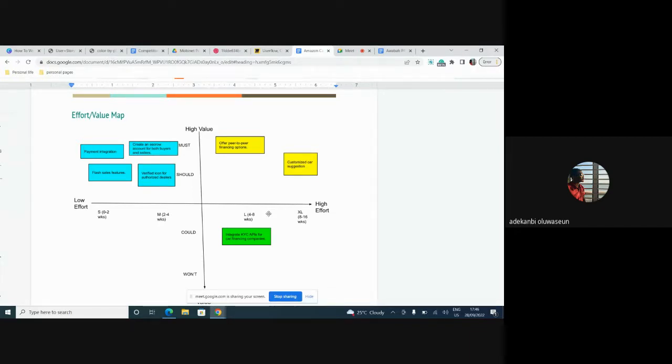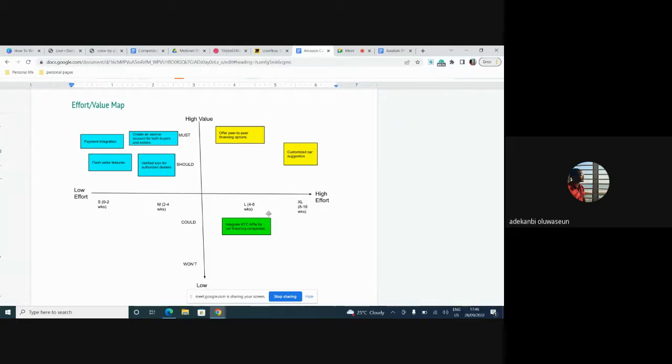Remember I told you Moscow focuses on value, T-shirt focuses on effort. Now, this chart is going to give us a logical idea of how we should go, because it has factored in those two elements. And the test I gave you initially, you'll see why the answers you gave me are very correct.